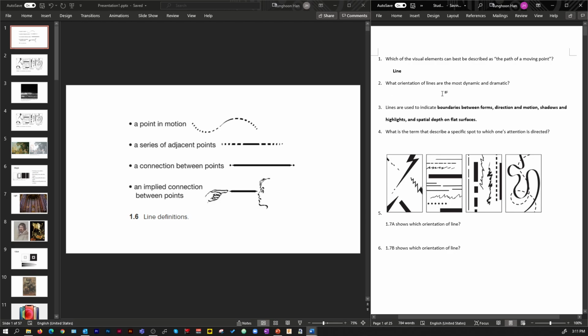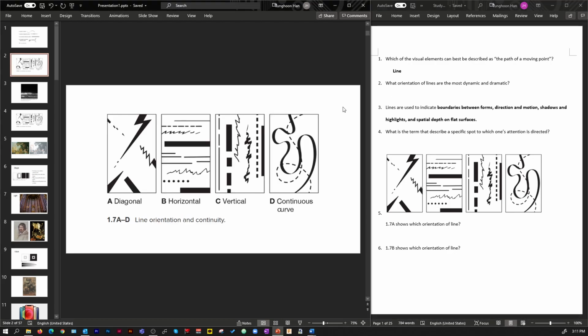And second is also talking about lines. So what orientation of lines is the most dynamic and dramatic? So we looked at how different types of line can create different kinds of emotional responses from the viewers. So naturally, the more precarious it is, the more potential energy it packs. So diagonal is the most precarious form of the line.